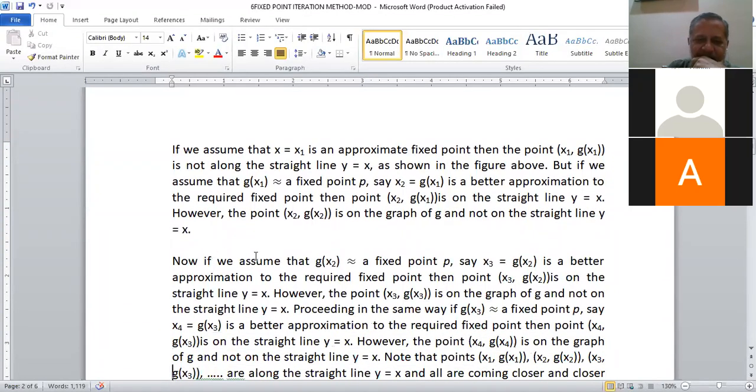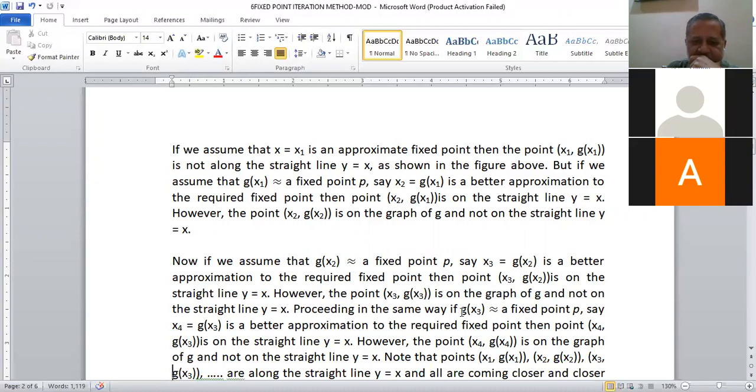Now we assume that g(x2) is approximately a fixed point p, and then we assign g(x2) to be some number x3, which we assume to be a better approximation to the required fixed point. And (x3, g(x2)) is on the straight line y equals x. However, the point (x3, g(x3)) is on the graph of g and not on the straight line y equals x.